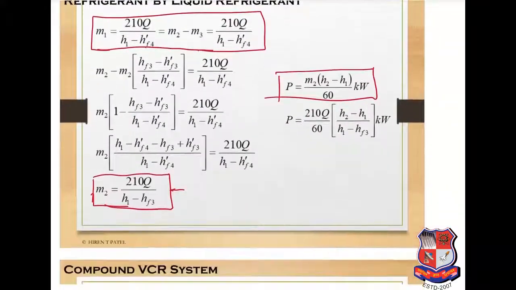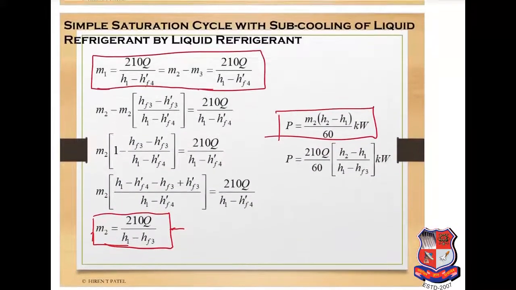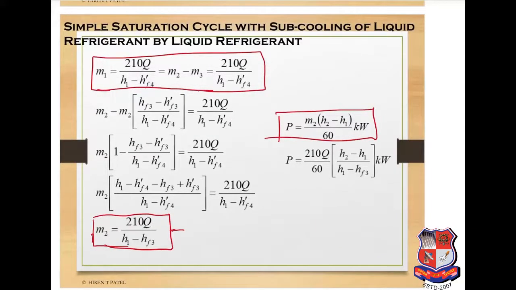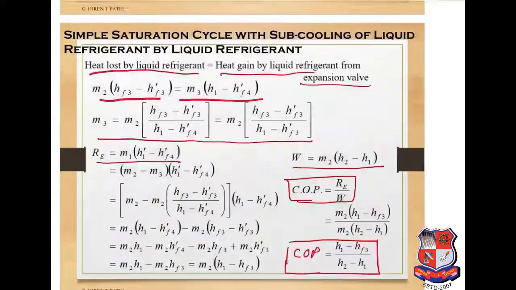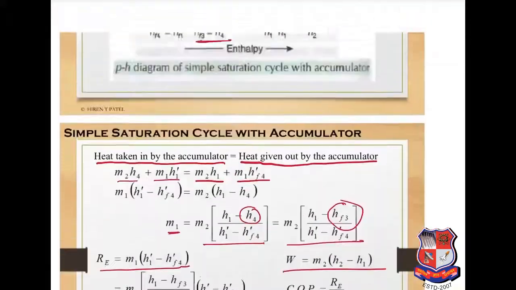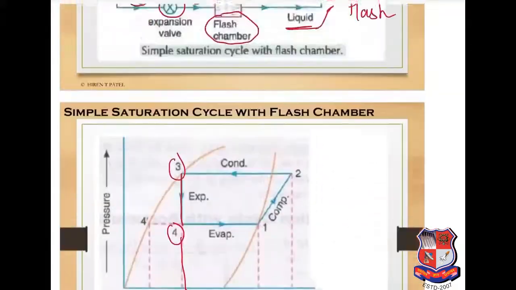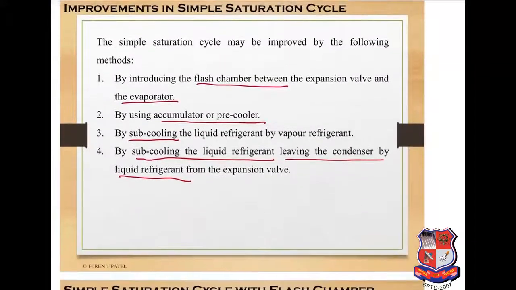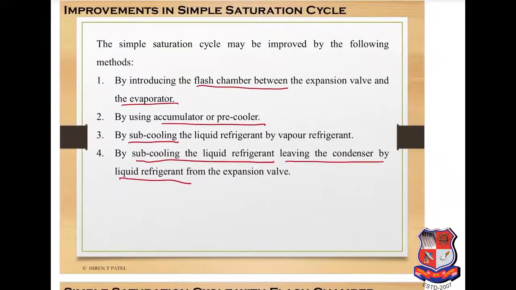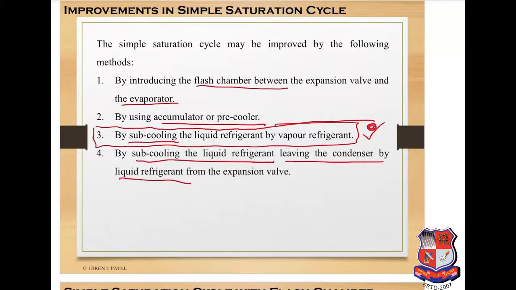So this is also not best suited for modification. From among all four modifications, only the third one, that is subcooling of the liquid refrigerant by the vapor refrigerant, is better to improve the COP.